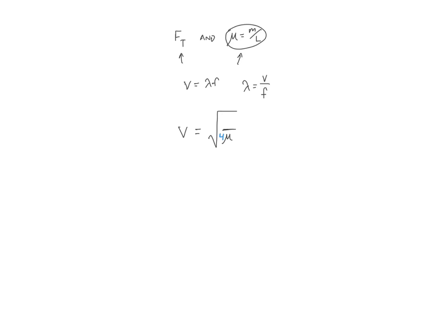So it's under square root sign, which makes it a 2 on the left side of the equation, and the fact that it's in the denominator means we have to put it in the denominator on the left side of the equation. So the speed is 1/2 as much, based on the fact that the linear density in the last string is 4 times as much. So since it was 20 meters per second in the first string, that means it's going to be 10 meters per second in the last string.